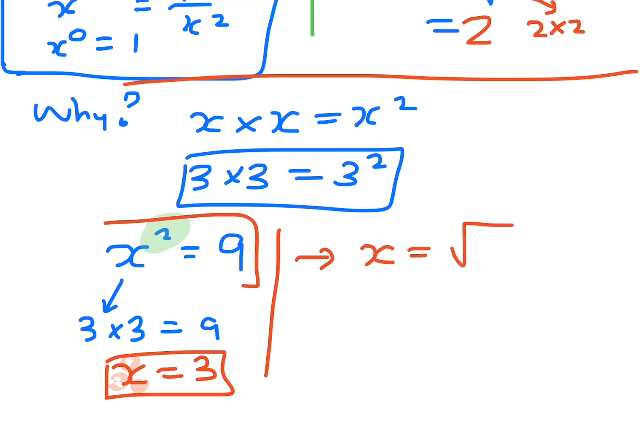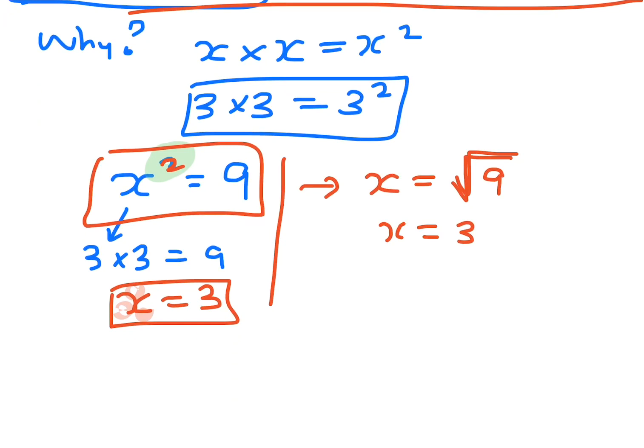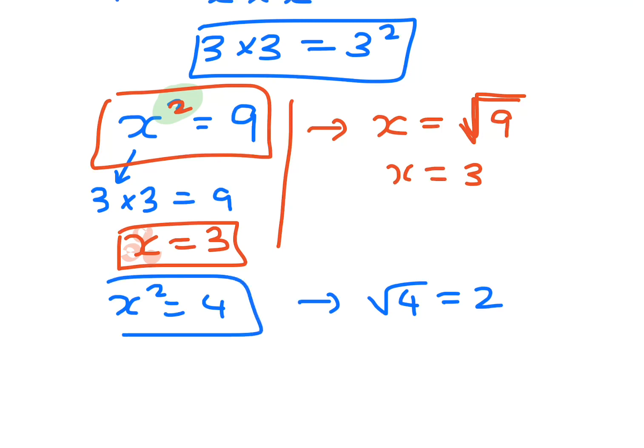Because remember, it's an equation, and to solve an equation and get rid of that square, you do what's opposite. So the square root of 9 is equal to 3. The same as if I had x squared equals 4, then the square root of 4 will equal 2. So the opposite to a square is a square root.